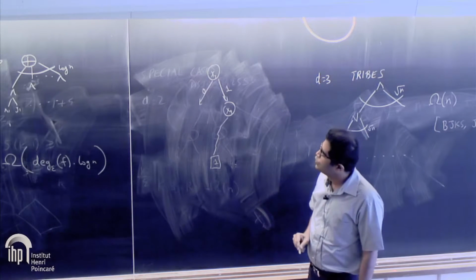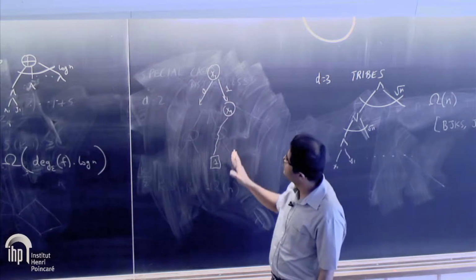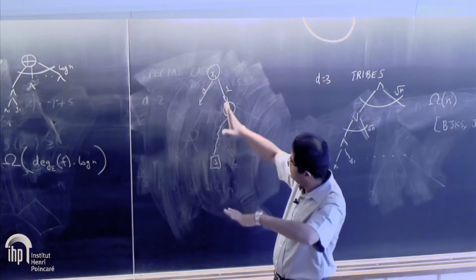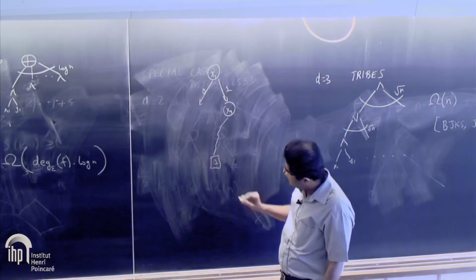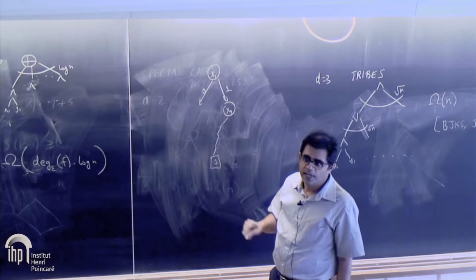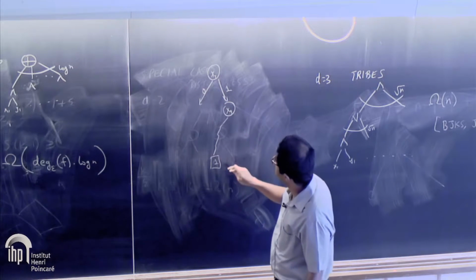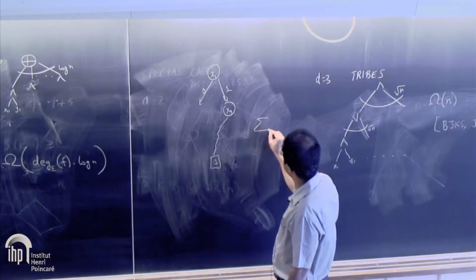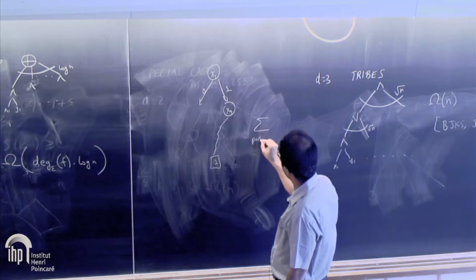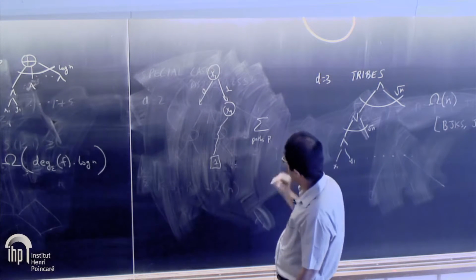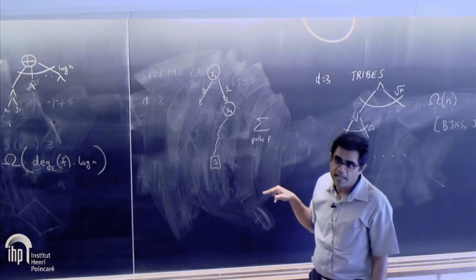Okay, so a deterministic decision tree looks like this, but from the deterministic decision tree you can extract these paths, right? So you have all these paths, and I'm only going to look at accepting paths.